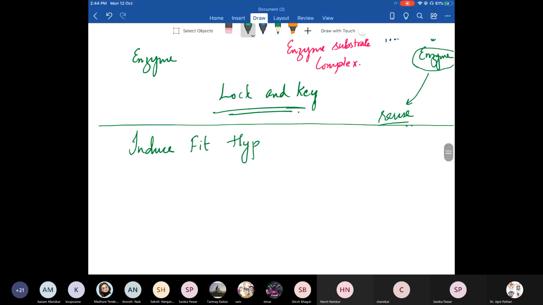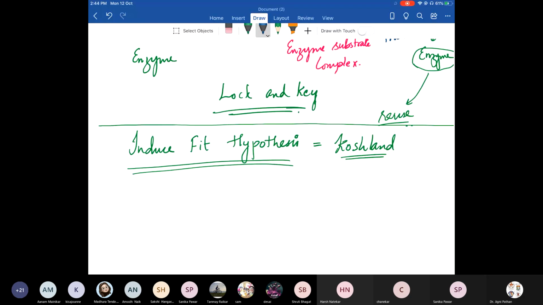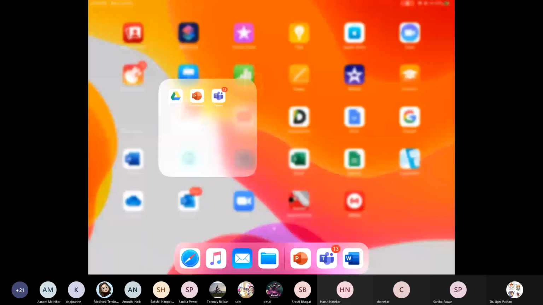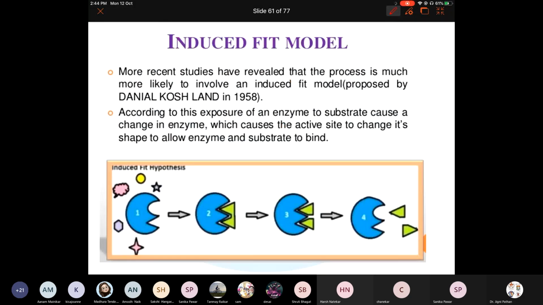Induced fit hypothesis. The induced fit hypothesis is proposed by Daniel Koshland in 1958.